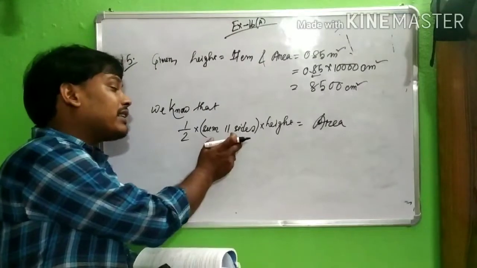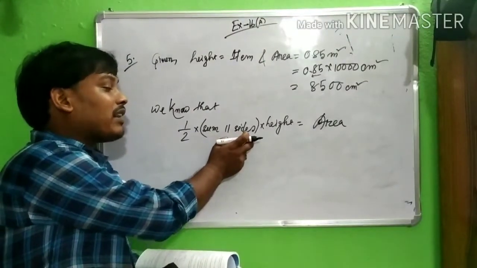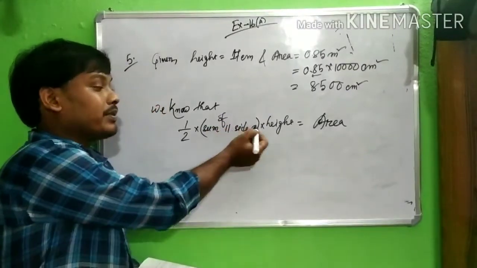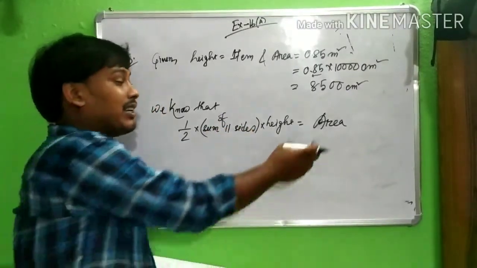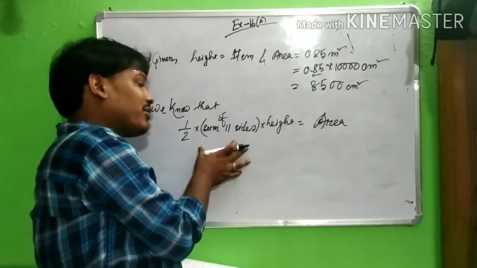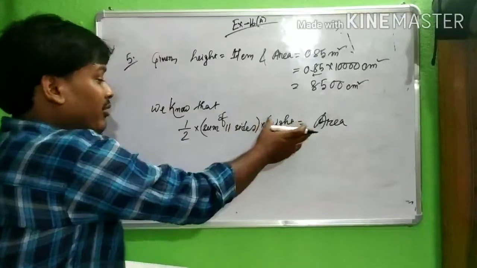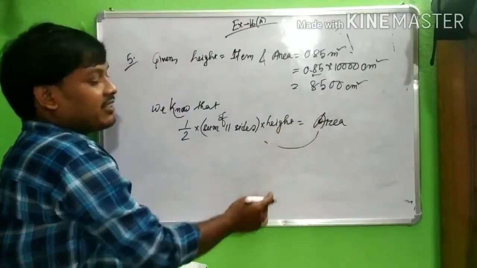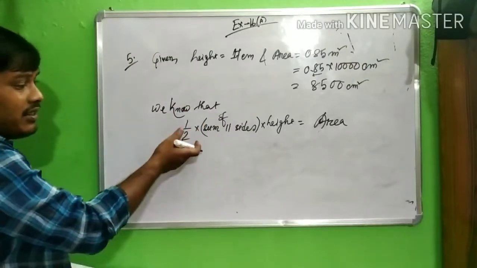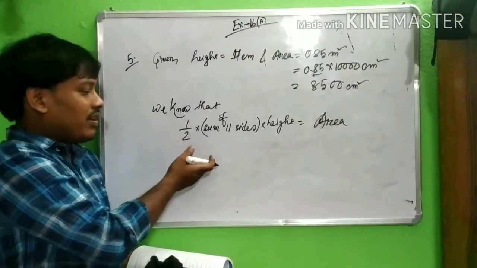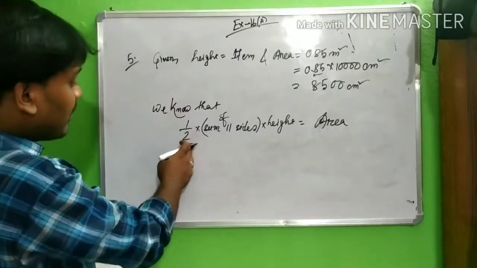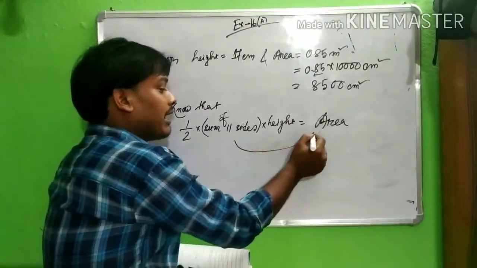Because we have to find the sum of parallel sides. That's why we write in this way. You can write in this way also, area equal to this value, then you put the values and again change the side. But it is easy to write it this way, so we write it in this way.